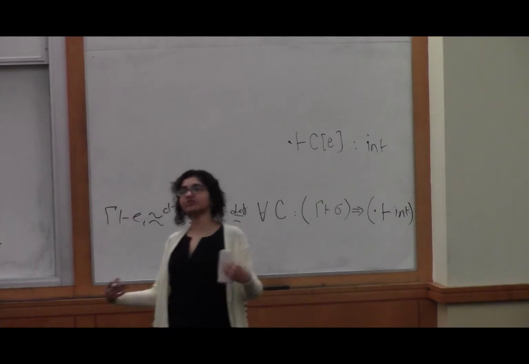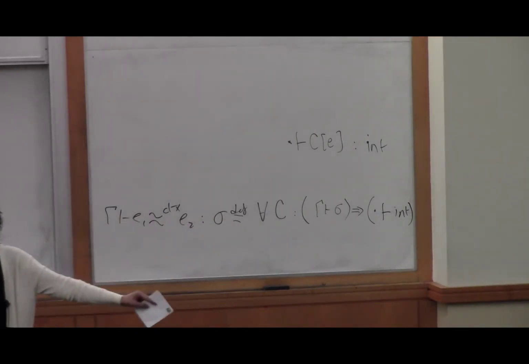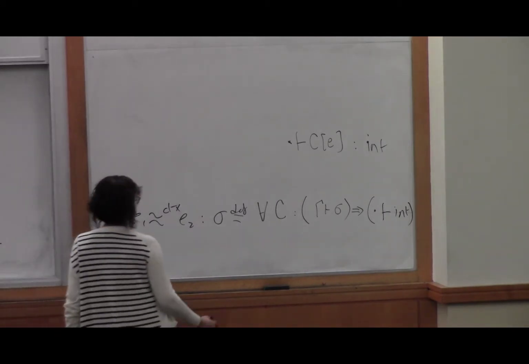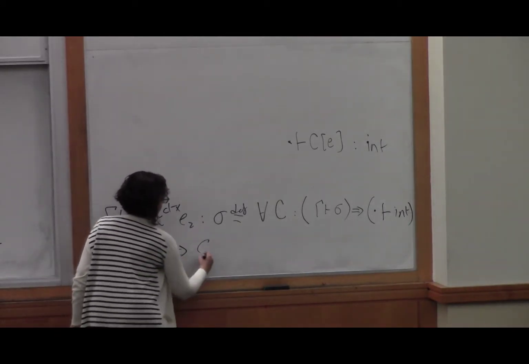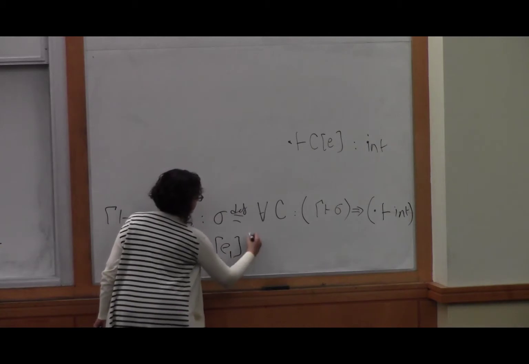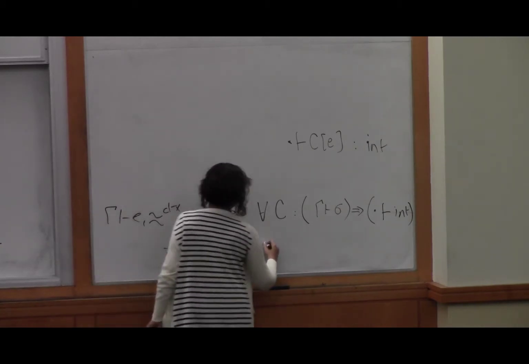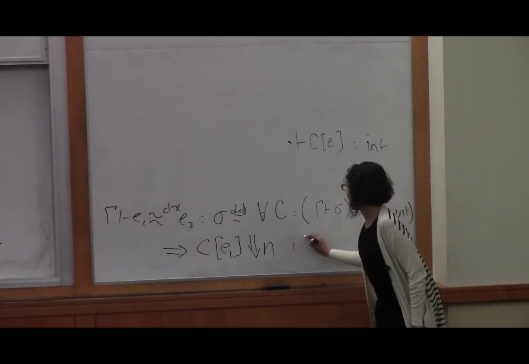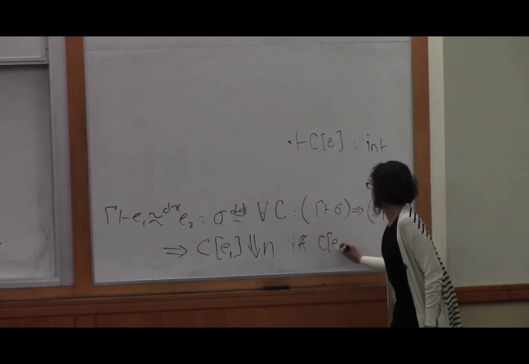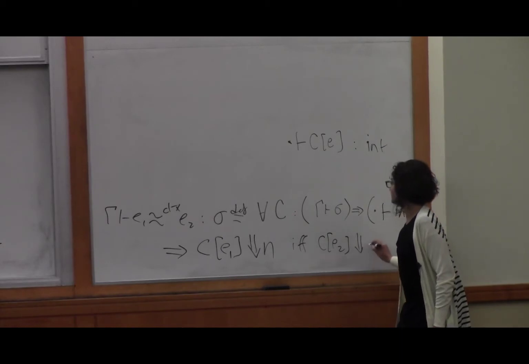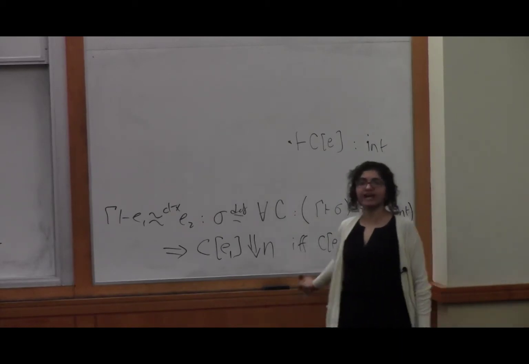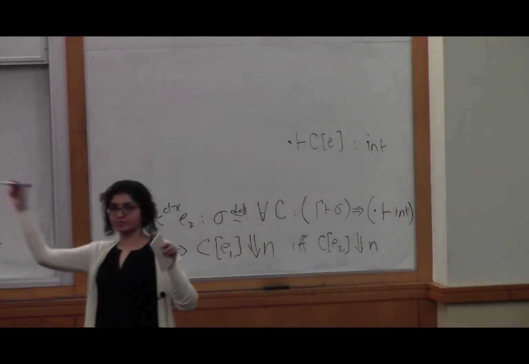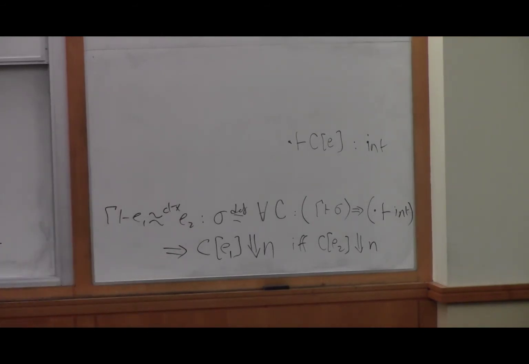So assuming that you give me a context that produces an int at the end of the day, that's how I create my whole program. I'm going to say that C with E1 produces n, the same n, if and only if C with E2 evaluates down to n. I've used the down arrow here, but take that as small-step reduction applied till you get to a value.